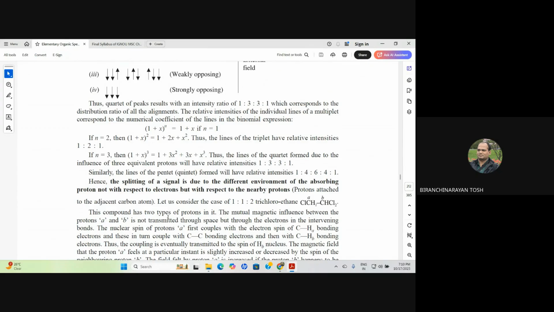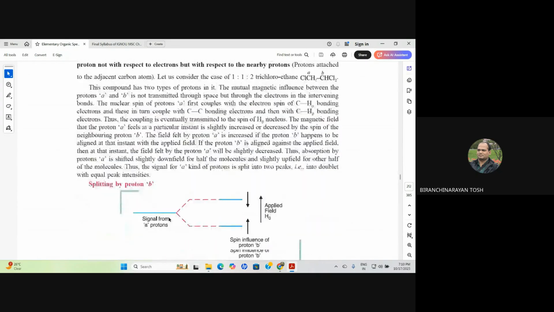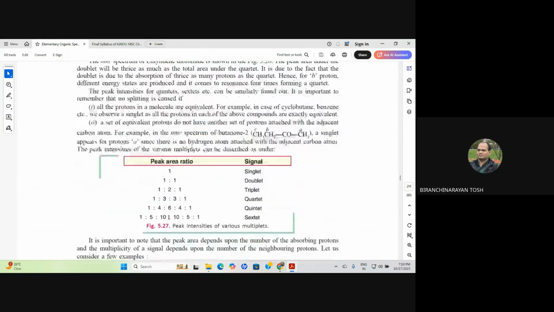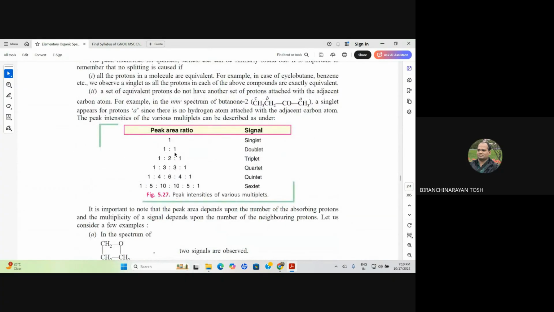To find the ratio, you can use the triangle: 1, then 1 1, then 1 2 1, 1 3 3 1. Then 1 plus 3 is 4, 3 plus 3 is 6, 3 plus 1 is 4, so 1 to 4 to 6 to 4 to 1. Then 1 plus 4 is 5, 4 plus 6 is 10, 6 plus 4 is 10, then 5, so 1 to 5 to 10 to 10 to 5 to 1 if it is a sextet. So this is the peak area ratio.